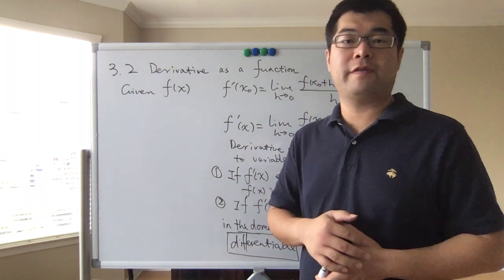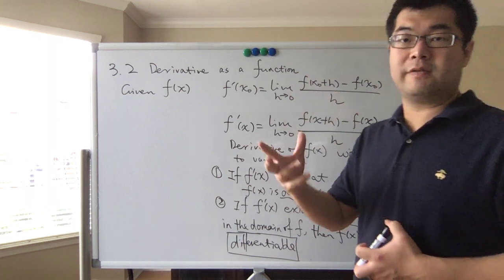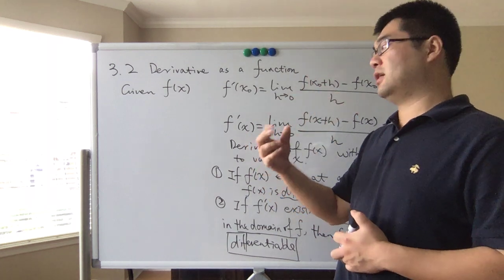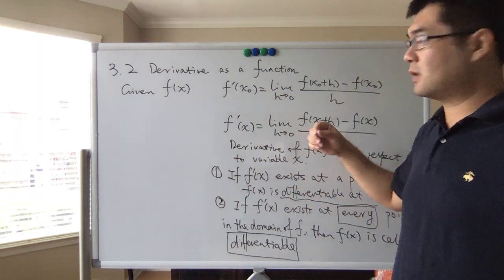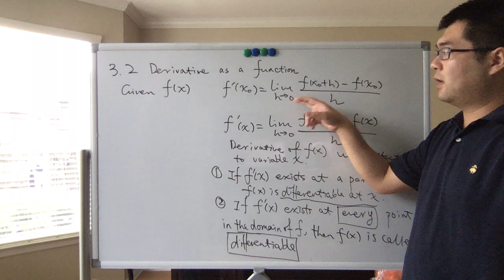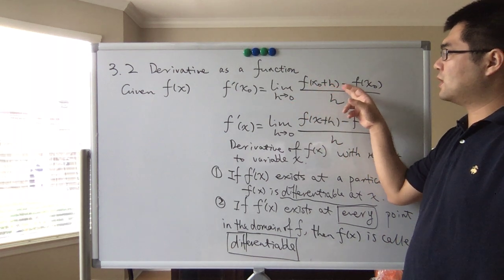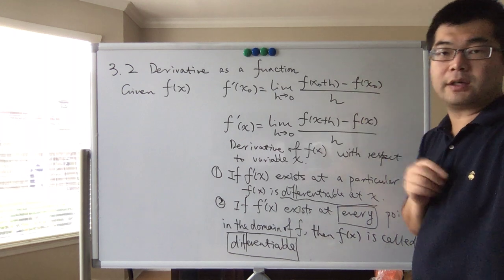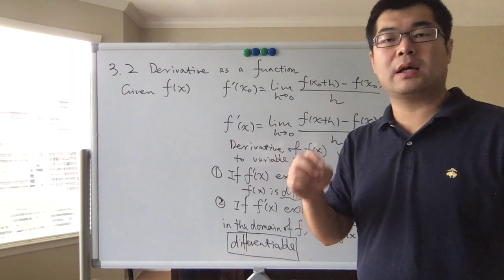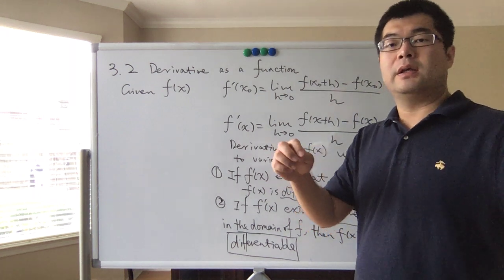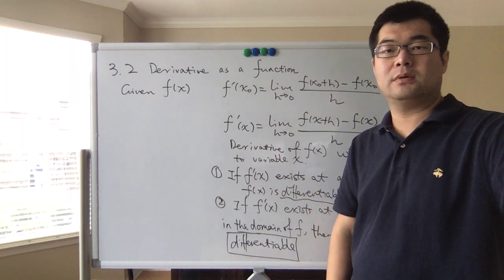Given a function f of x, we defined the derivative of the function at a specific point x0 in limit format: the limit as h approaches 0 of f of x0 plus h minus f of x0 over h. And this, again, is the derivative at that specific point.